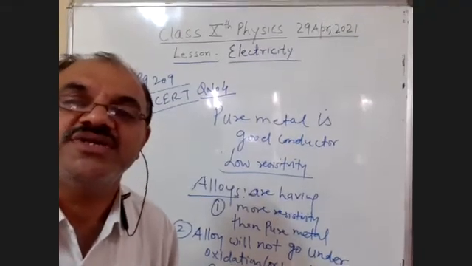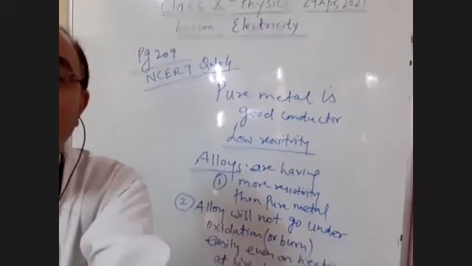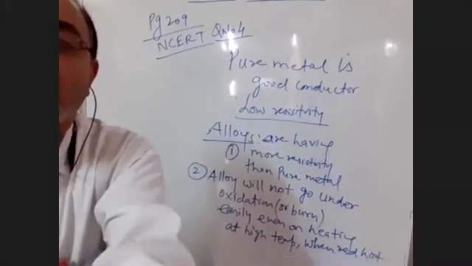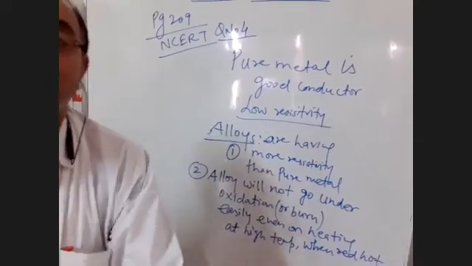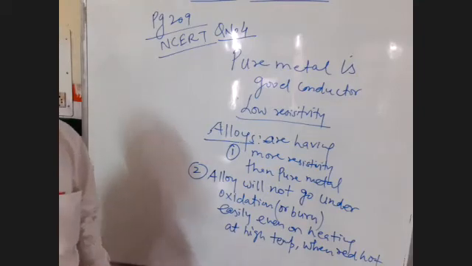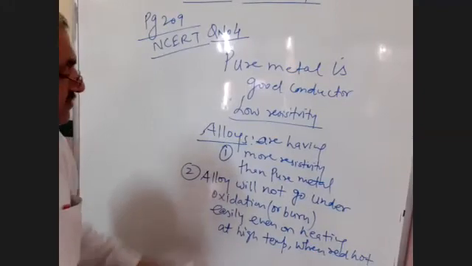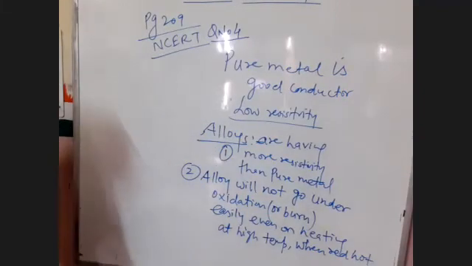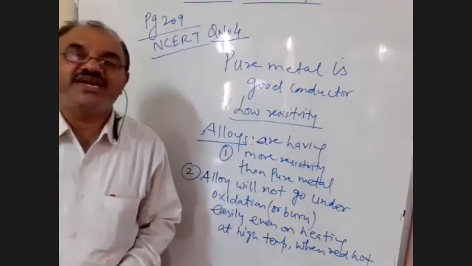Is it clear, students? Even when it is red hot, it will not melt. I have written here, it will not allow to melt. So why are we using an alloy instead of the pure material?